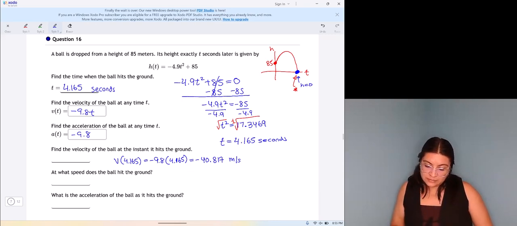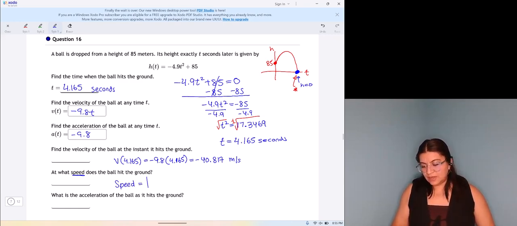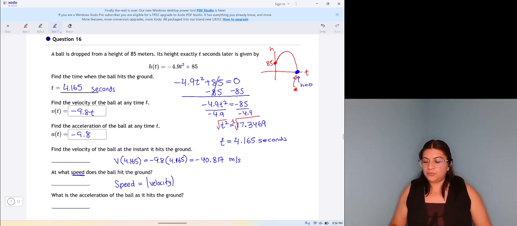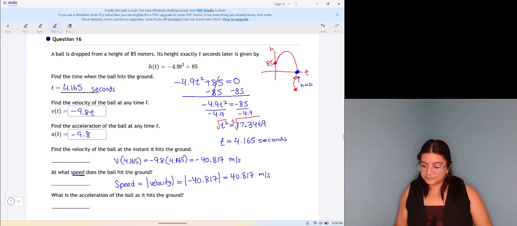At what speed does the ball hit the ground? Speed is equal to the absolute value of velocity. So in this case, we're looking for the absolute value of the velocity at 4.165 seconds. So we're looking for the absolute value of negative 40.817, which is just 40.817 meters per second.